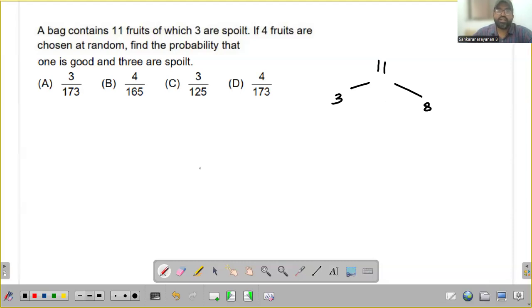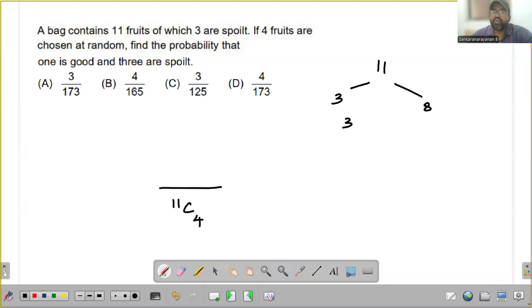The total number of ways you can select all the 4 fruits is 11C4. And in this 11C4, you are asked what is the chance that 1 good one and 3 of them are spoiled.